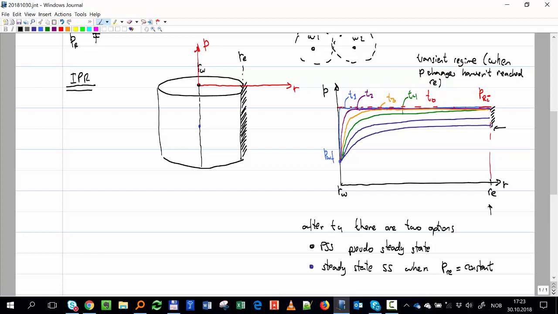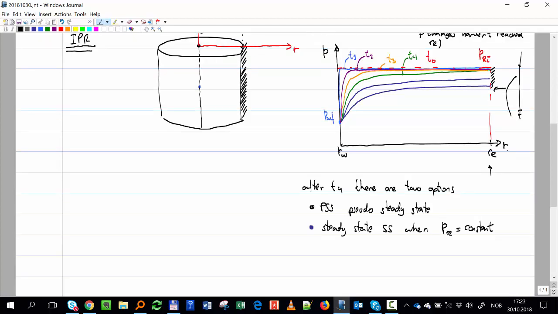That might be because I have water injection, another well here which is injecting, pushing and keeping the pressure high. It might be another mechanism, but I'm keeping the pressure at the bound constant. So that is clear, the three regimes.